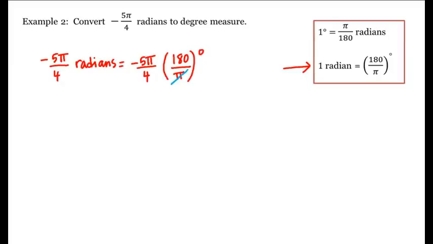And then the pi's will cancel. And 4 goes into 180 45 times. Therefore, this is equal to negative 5 times 45, or negative 225 degrees, which would be our answer.